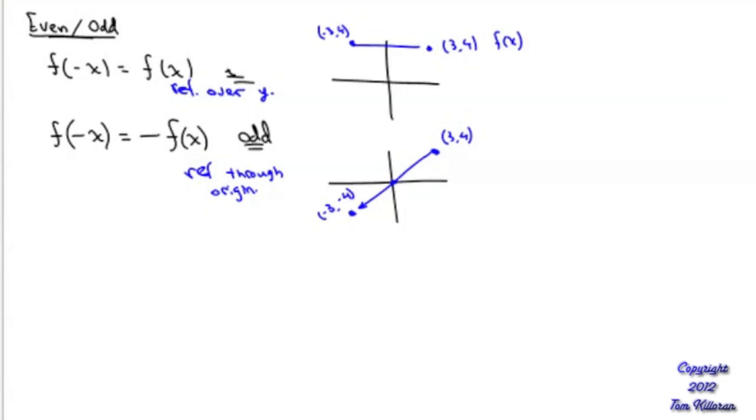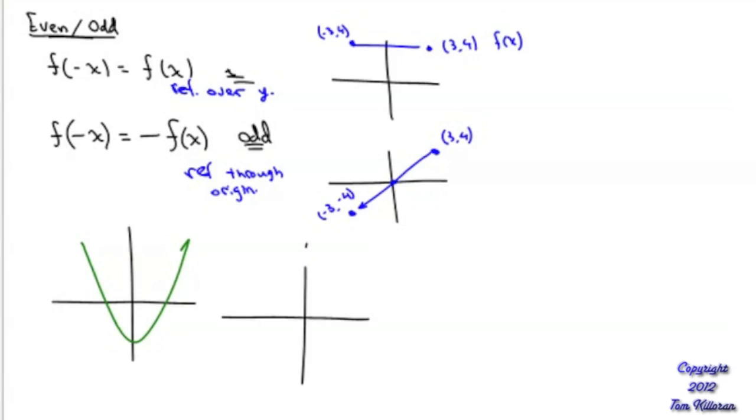Okay, so let me draw you a couple pictures here. Tell me which one is even and tell me which one is odd. It's real easy. This graph, and this graph. A is even, B is odd.